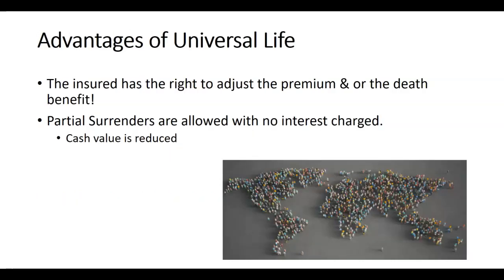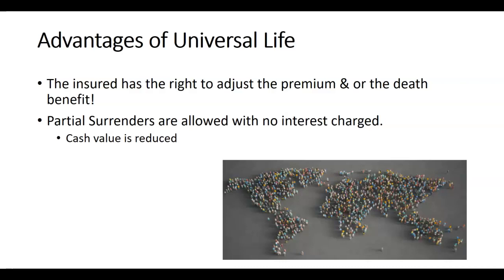So what are some advantages of universal life? Universal life gives the insured the right to adjust the premiums or the death benefit. They can do either or. You also are able to do partial surrender in universal life. That happens with no interest charge, so the cash value is just reduced. If you partially want to take out some money, you can do that.